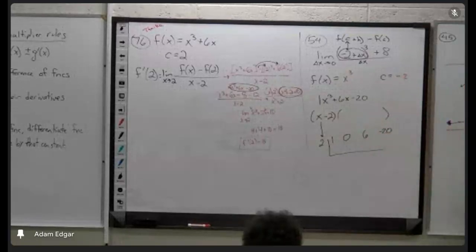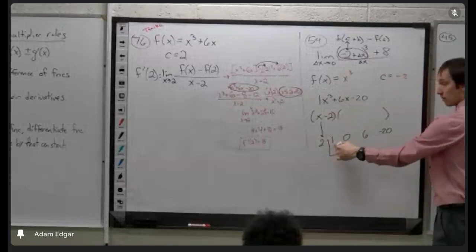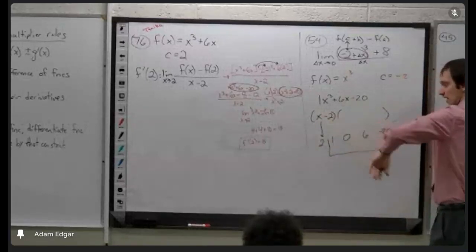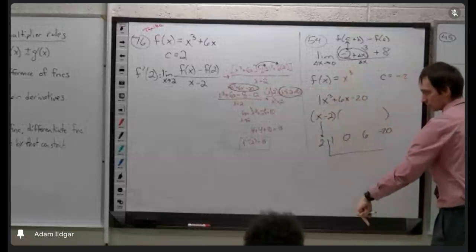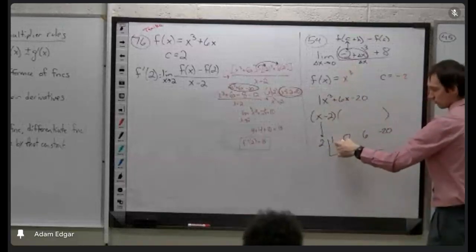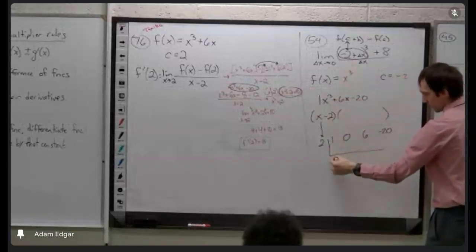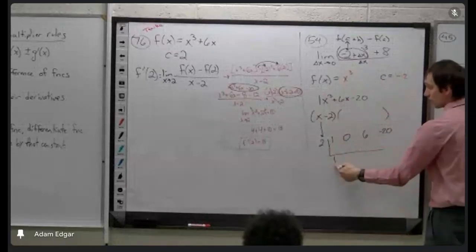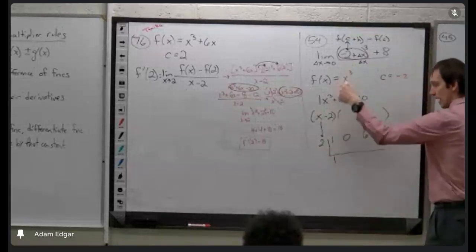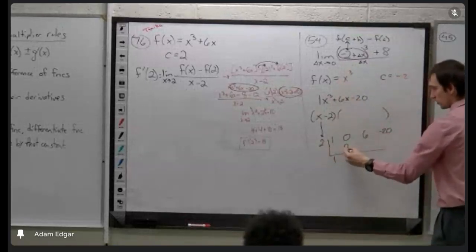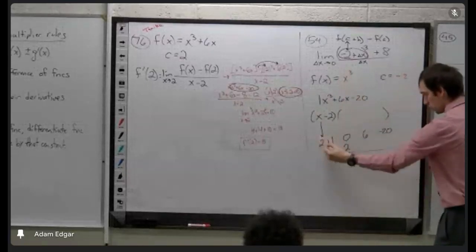And then what's our process for synthetic division? Take the first number on the inside of the L, and you add it straight down. What does he have to add to? Nothing. So he adds all the way down, and you have 1 still. And then once you have a number down here, what happens to it? Multiply by 2, and you go up into the next column. So add straight down, multiply by 2. Add straight down, multiply by 2.